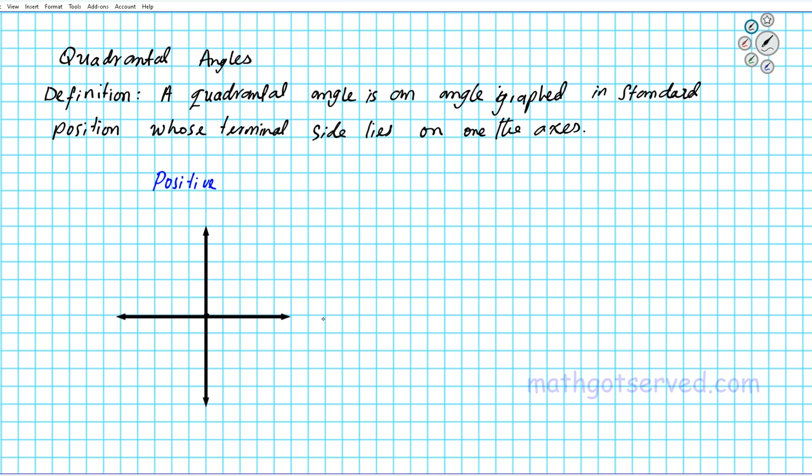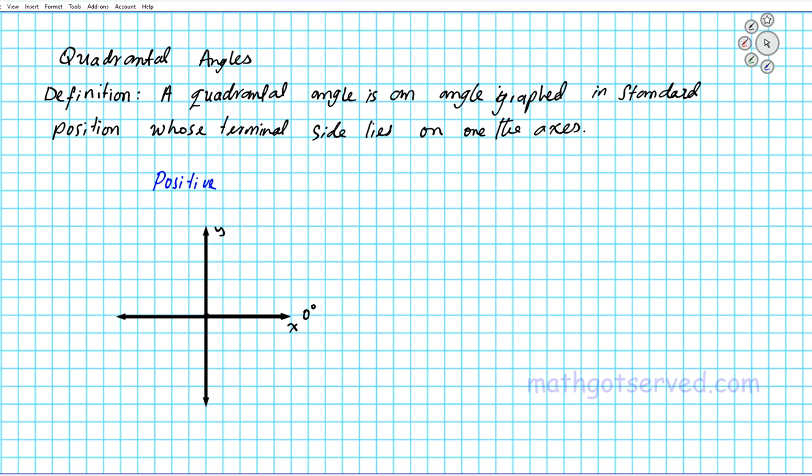This is your x-axis and this is your y-axis. When you start from the positive x-axis, this is known as 0 degrees. The ray that falls on top of it is your 0 degree quadrantal angle.